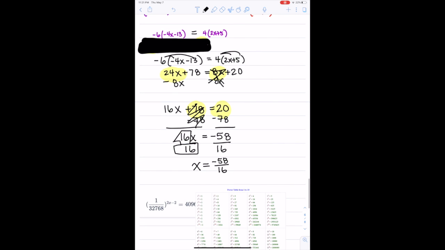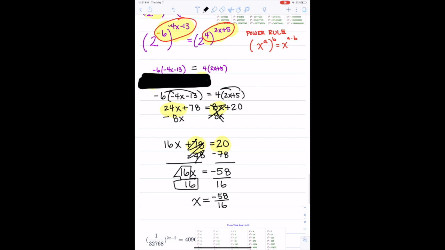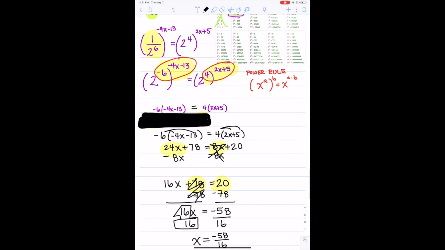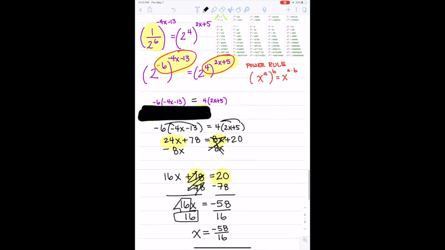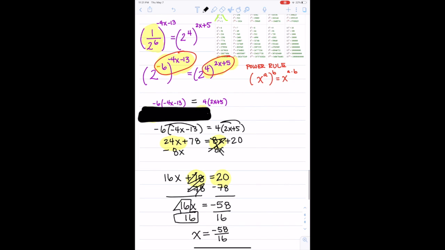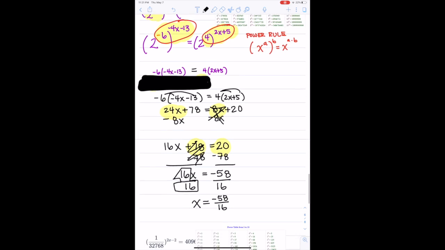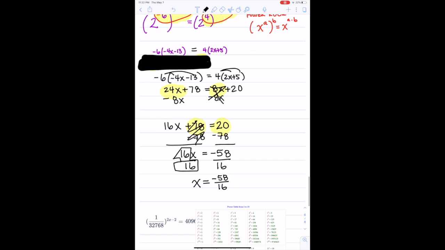Which seems ugly, but I don't think I made a mistake. Let me check real quick. -6, 24x plus 78, 8x plus 20, 16x minus 58. Nope, looks right.